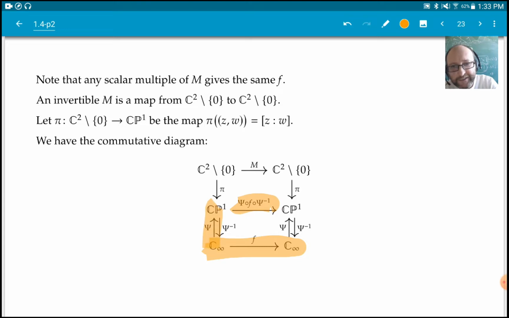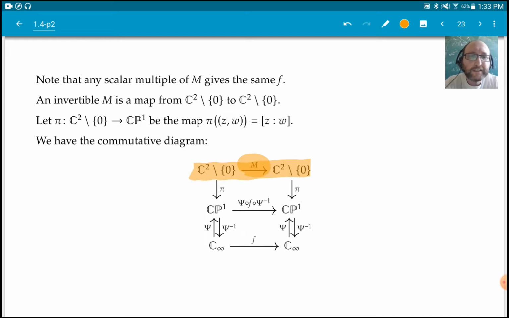So you went down here, then back up here. And we saw that this actually corresponds to this matrix M, which we're thinking of as a mapping from C2 minus 0 to C2 minus 0.